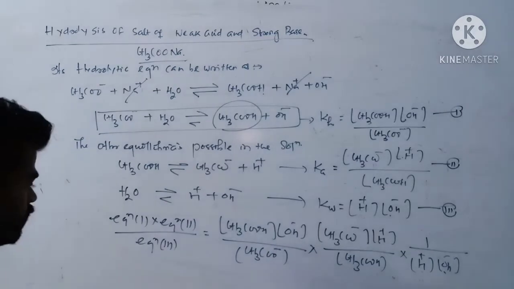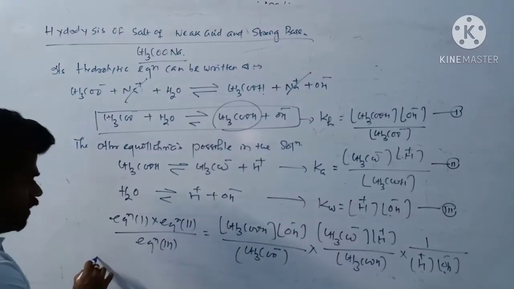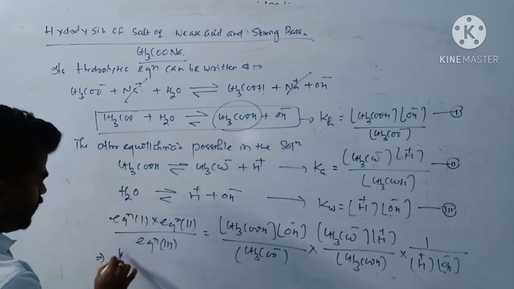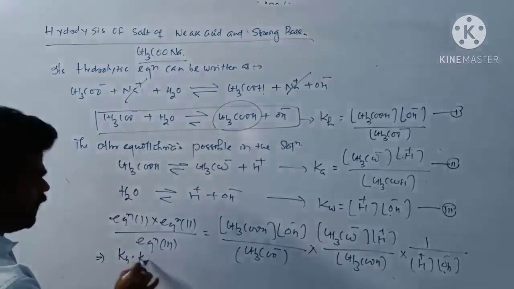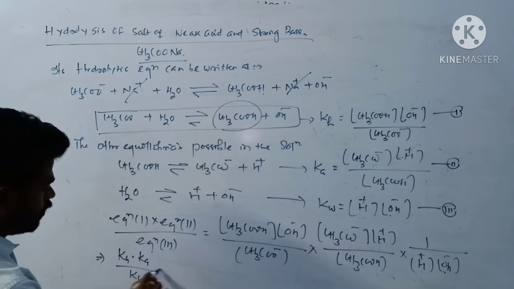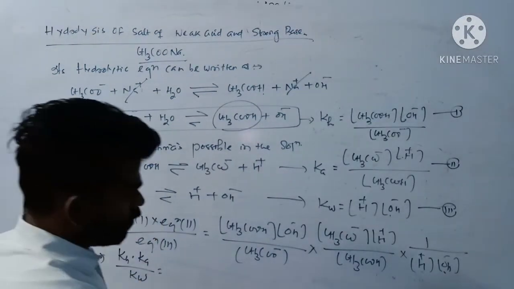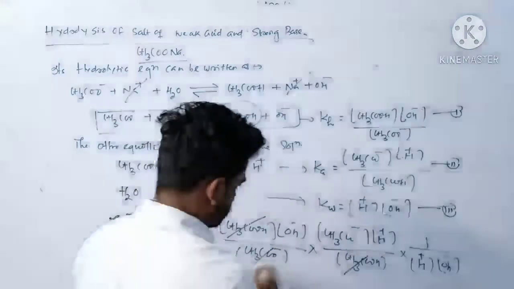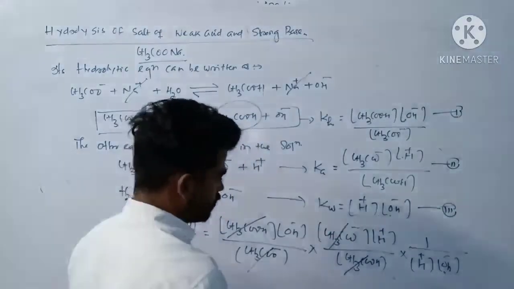Clear? So that implies here I can write equation 1, that is KH into KA upon KW, that will be equal to CH3COOH, this one gets cancelled, this one gets cancelled.